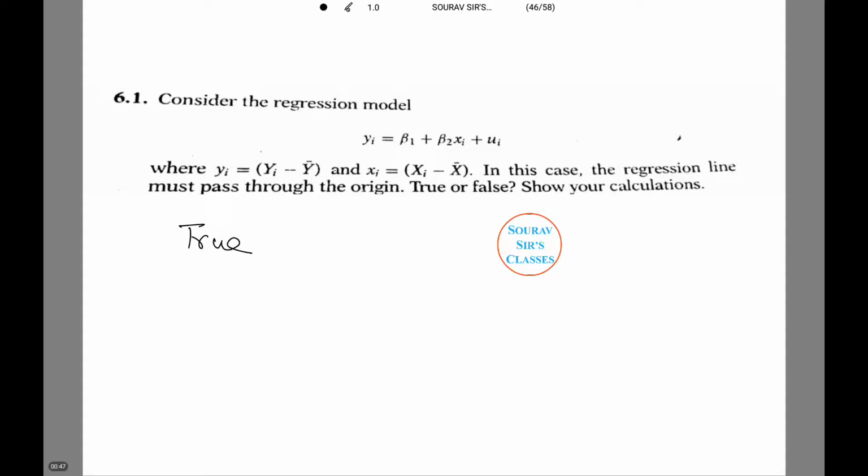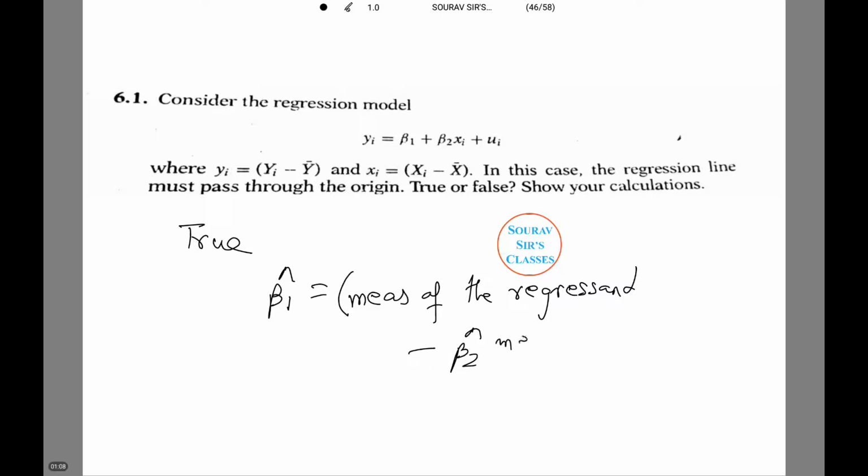Note that the usual OLS formula to estimate the intercept is beta 1 cap, which is equals to mean of the regressand minus beta 2 mean of the regressor.